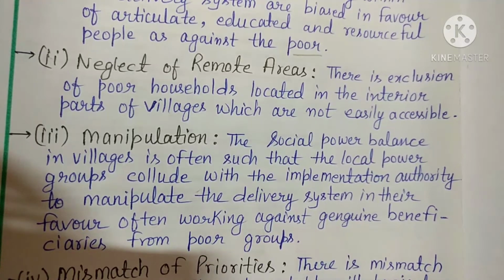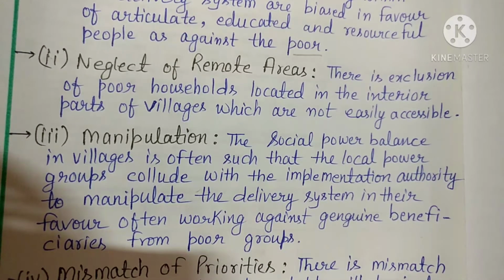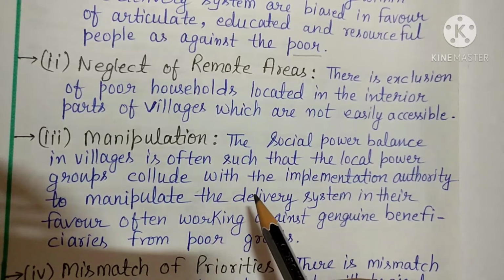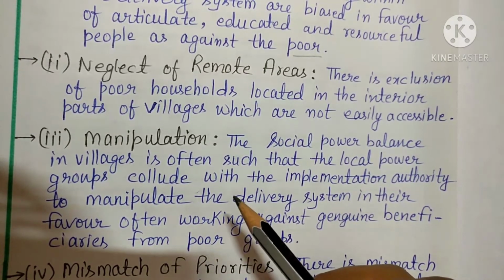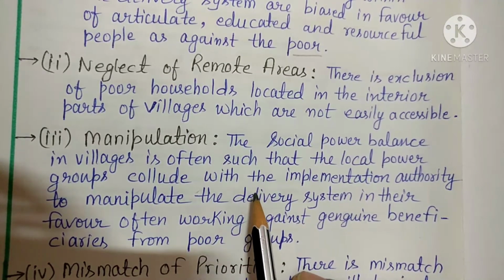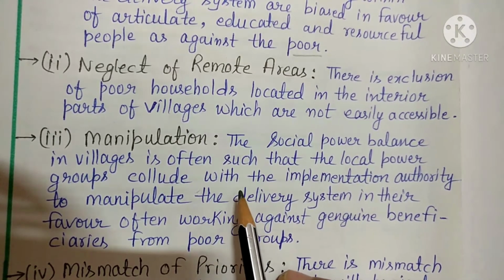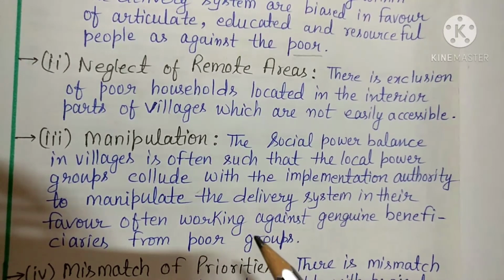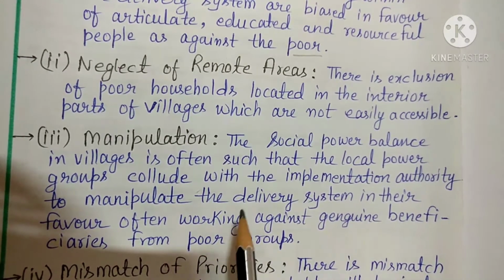Those who are powerful people of the village meet with the implementation authority and manipulate them, so that they can give the benefit of these jobs to their own family members. So these jobs and schemes provided by the government give benefits to those who are already above the poverty line. Those who are genuinely poor did not get the benefit of these schemes.